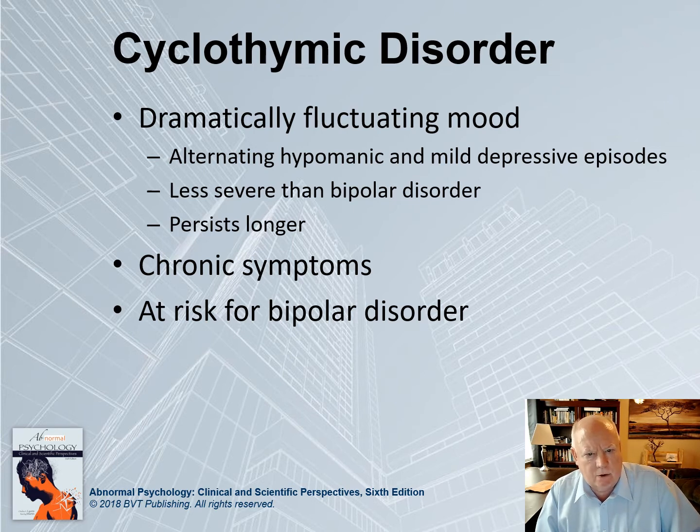Here we have rather dramatic mood fluctuations from hypomanic to depressive, but not nearly as dramatic as what we find in bipolar disorder. But these mood fluctuations move along for a much longer period of time. They're very persistent, very chronic.